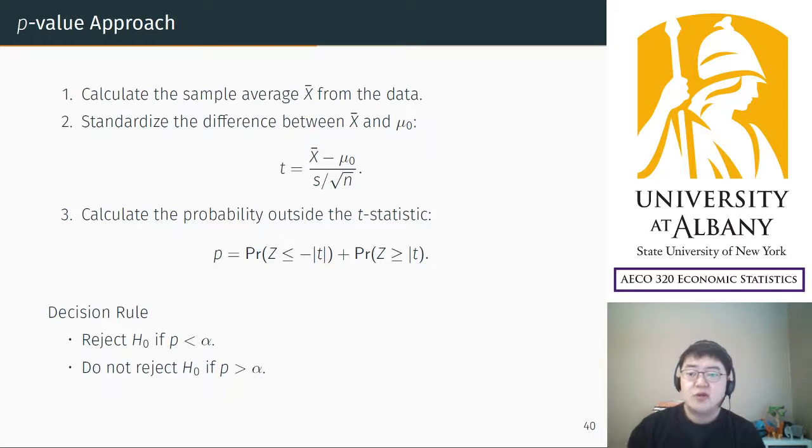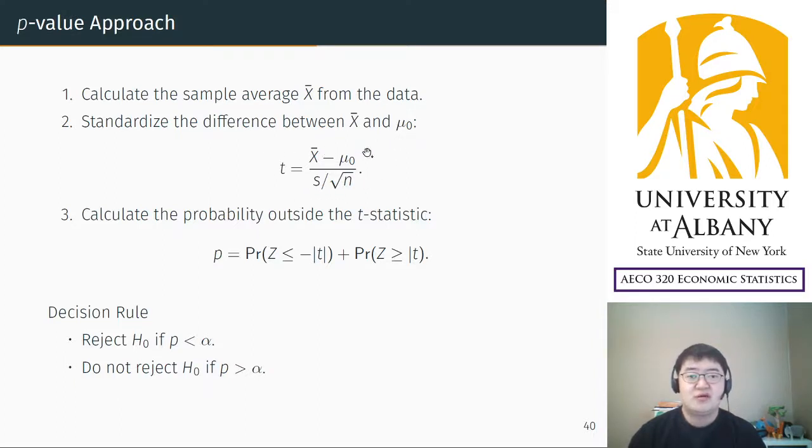First, let me start with the p-value approach. This is how I introduced hypothesis testing in the previous lecture. The idea is like this: you have the hypothesis, and then from the data, calculate the sample average, and standardize the difference between the sample mean and your belief.